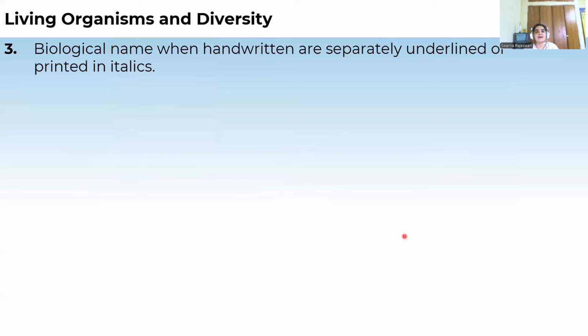Biological names, when handwritten, are separately underlined. When we are writing Mangifera indica, both the names have to be underlined. Otherwise, the genus name has to be written starting with a capital letter, whereas the species name always has to start with a small letter.